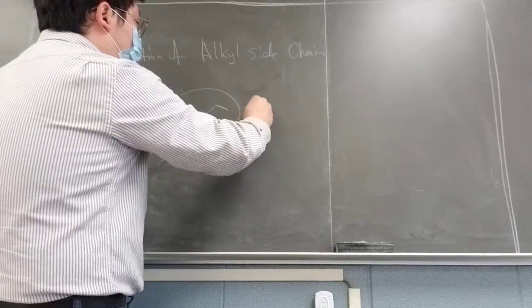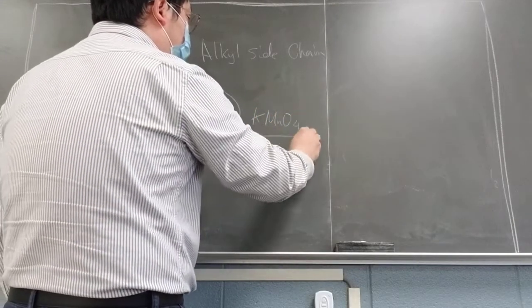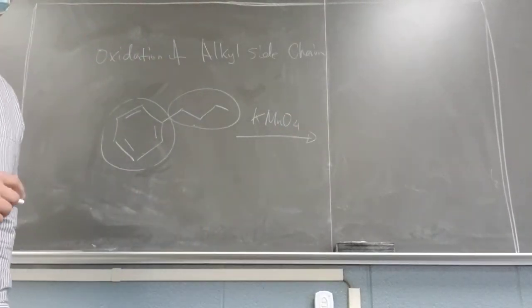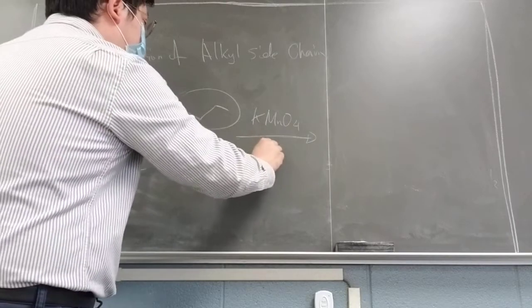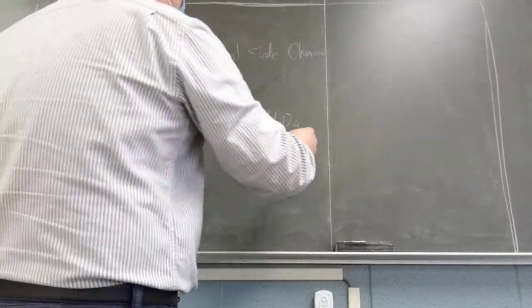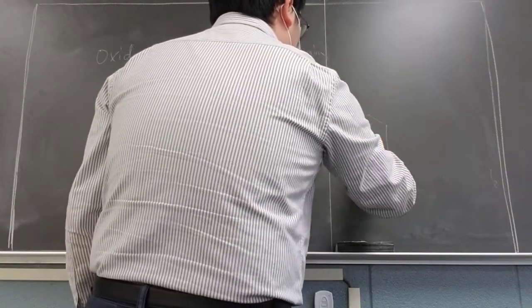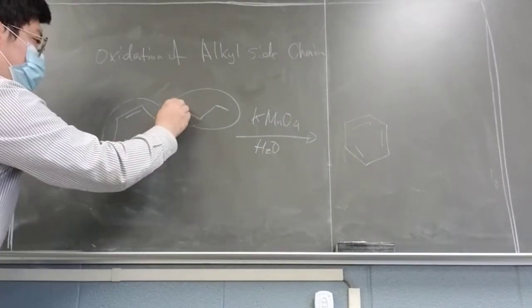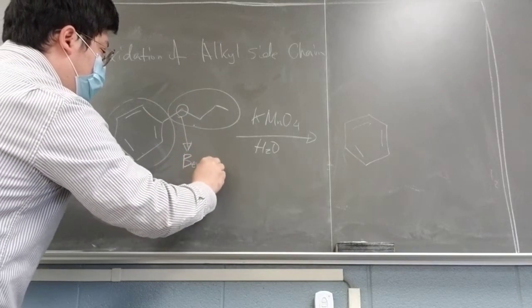Do you guys remember this one, right? This is a very strong oxidizing agent. So if you do this one over here, what happens is, this is the position we call the benzylic position.